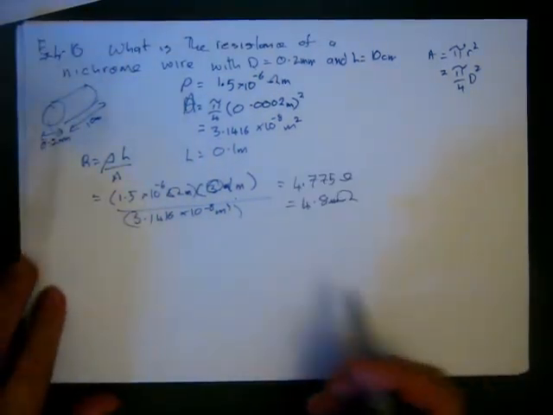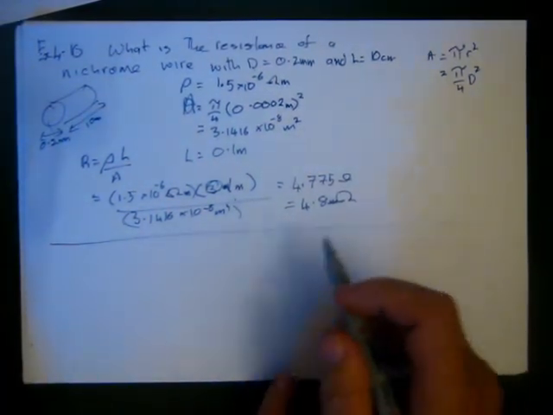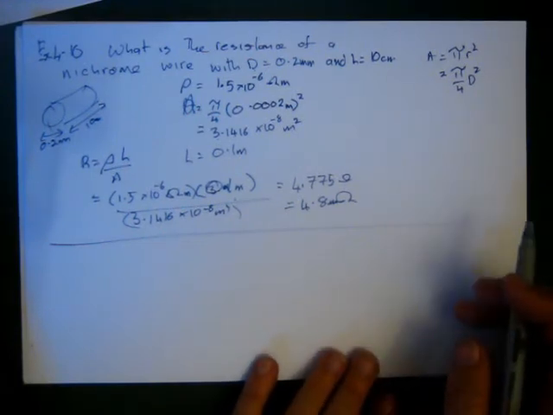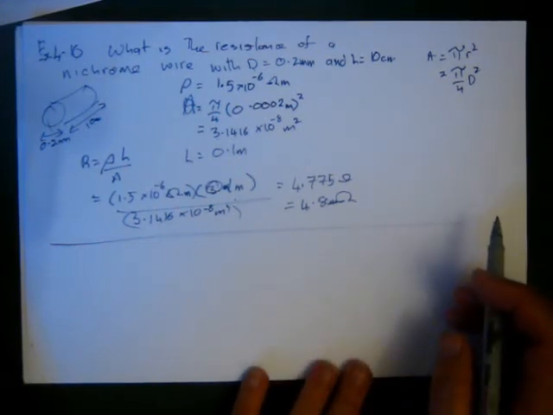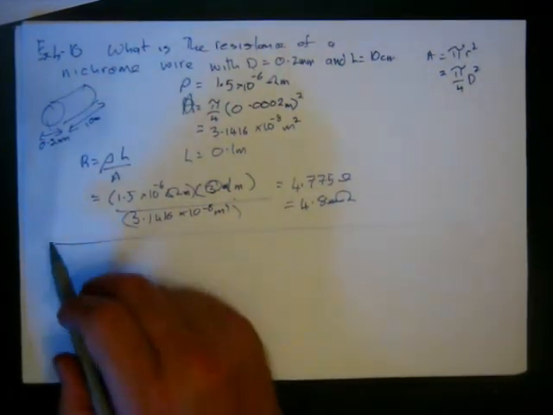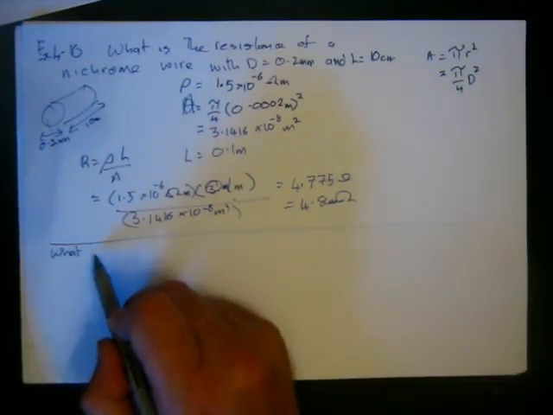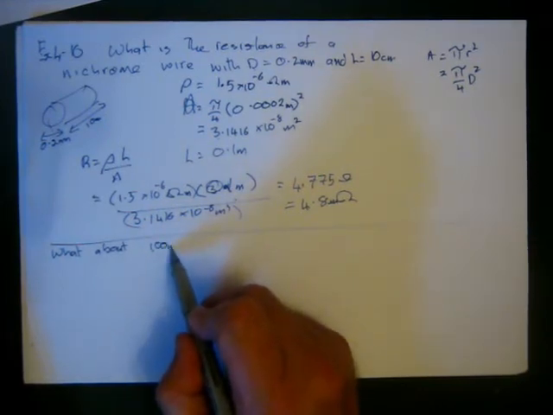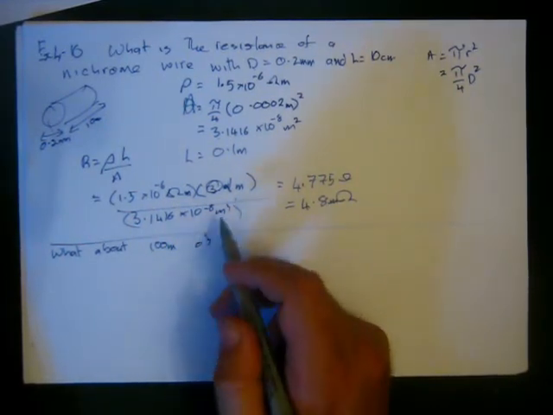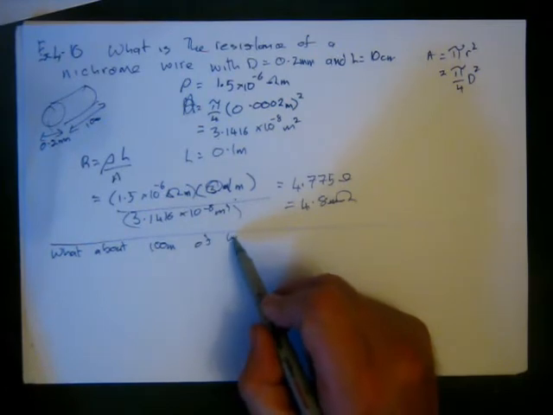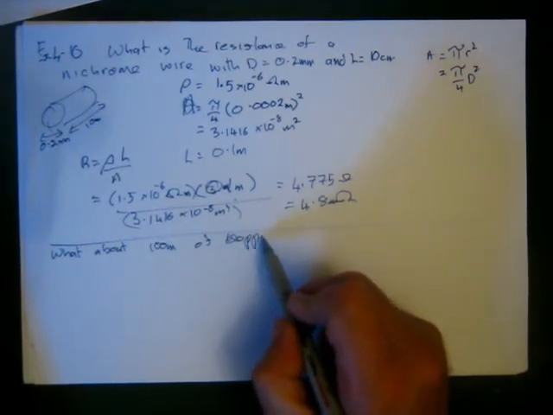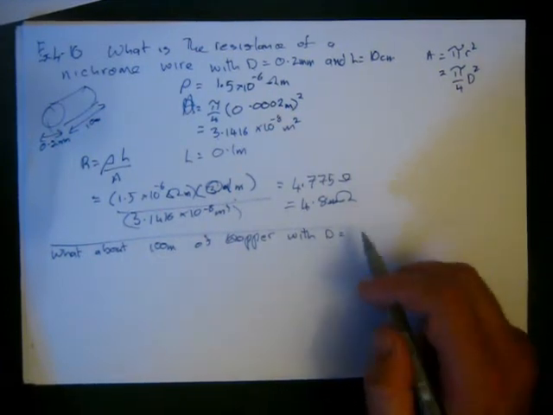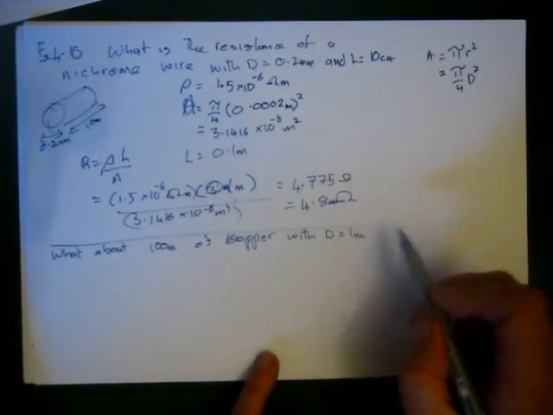Okay, then it's got part 2 of this question, which says, what about 100 meters of copper with D equals 1 millimeter?